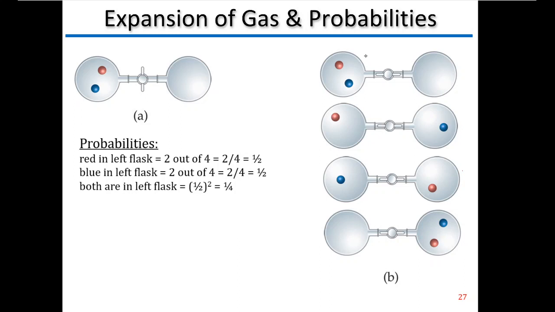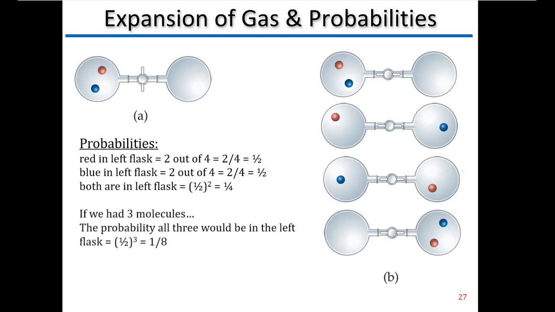Here we just have 1. So we have 1 probability where they both occur in the left flask, so 1 out of 4. So 1/4 of the time, both of them will be in the leftmost flask. If we had one more molecule, all 3 being in the leftmost flask would be 1 over 8.